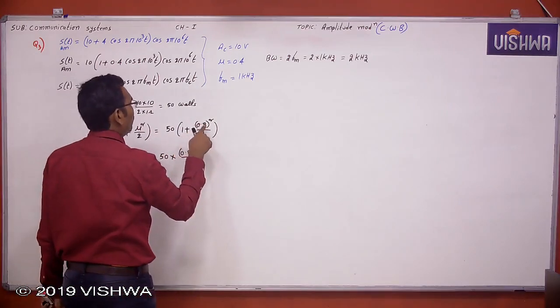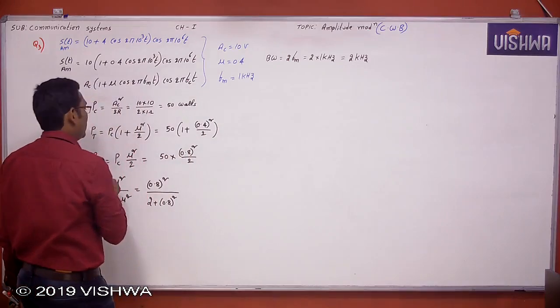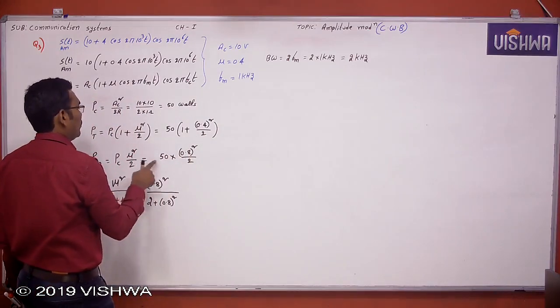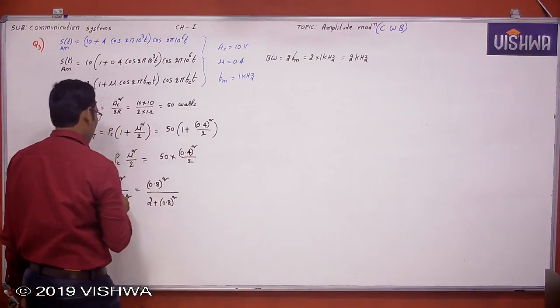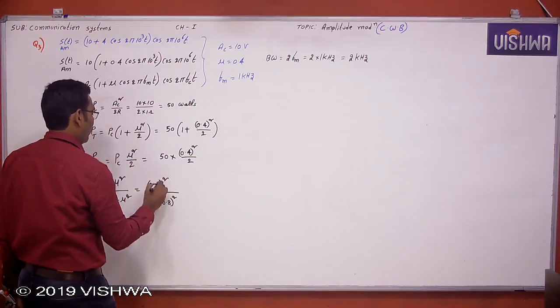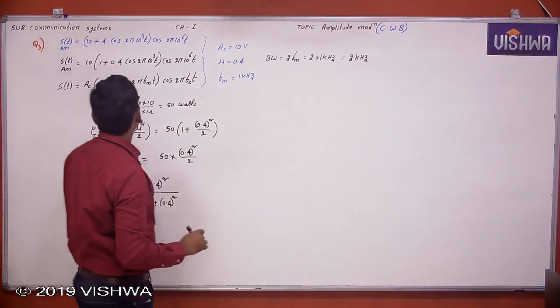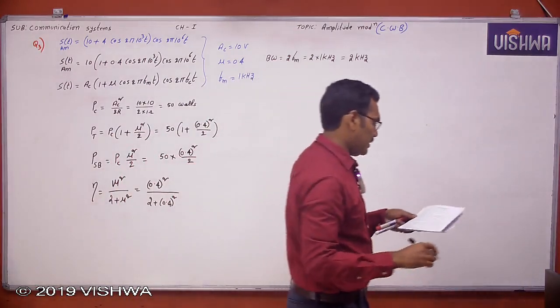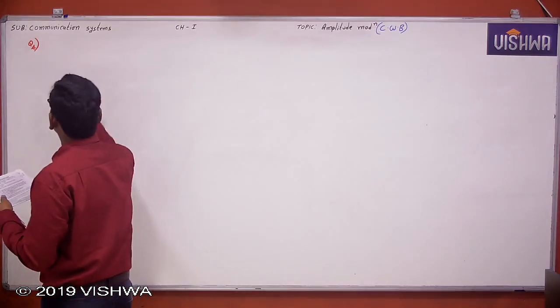What is mu? The modulation index mu here is 0.4. The efficiency is mu square by 2 plus mu square, which is 0.4 square over 2 plus 0.4 whole square. These are all the powers and parameters of an AM.